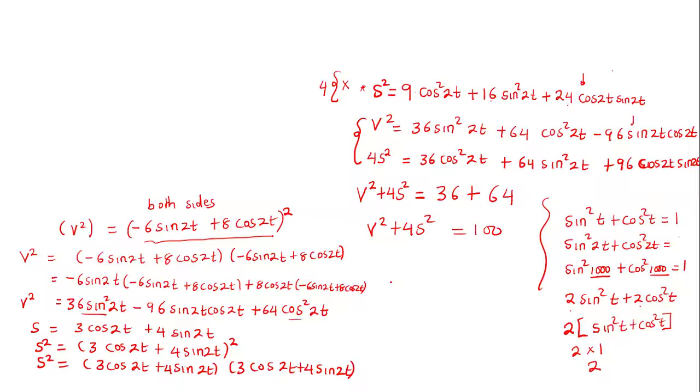Our proof, the number they wanted us to show, had a 4. Are you seeing that there was a 4 here? Now you ask yourself, how can we bring that 4 there? That is gotten by multiplying by 4. So you need to look ahead where you are heading and what you are supposed to come up with.